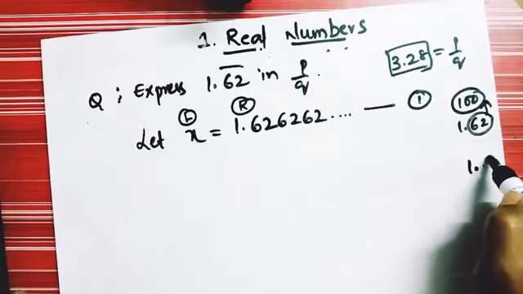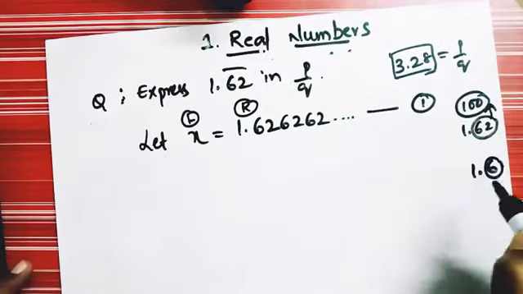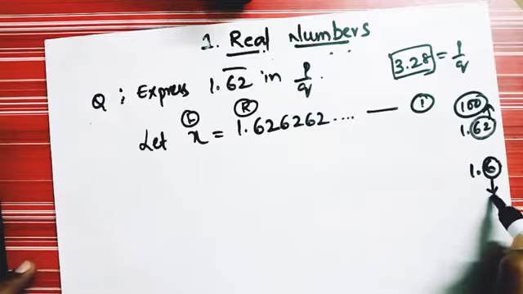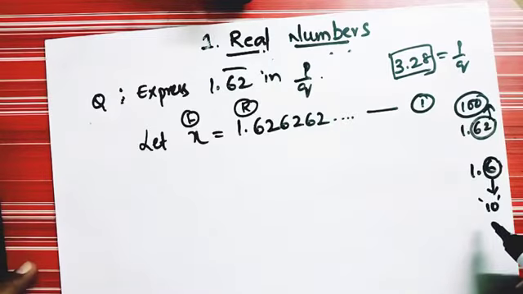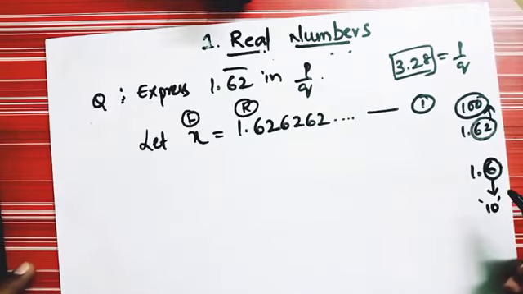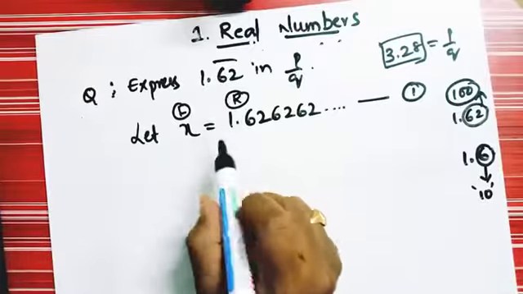For example, if we have only one decimal place in the decimal part, we multiply both sides with 10. If we have three decimal places, we multiply with 1000. Here we have two decimal places, so we multiply with 100.